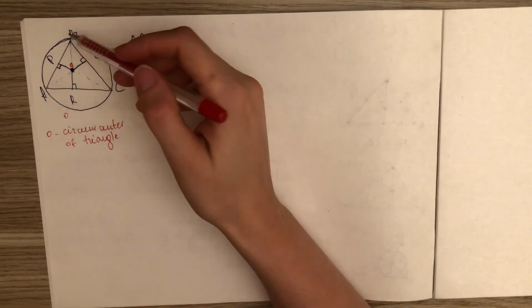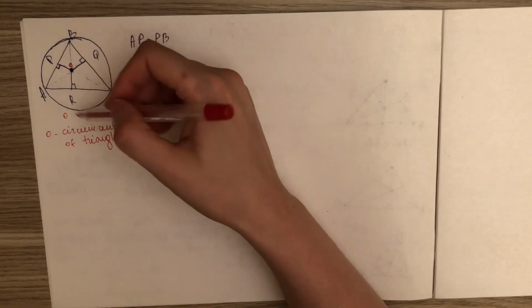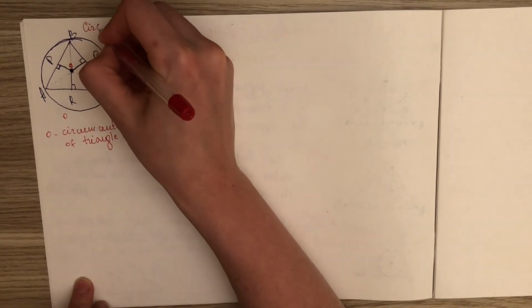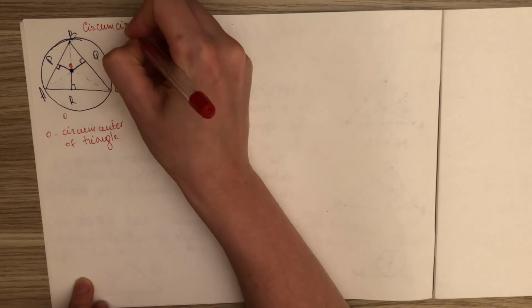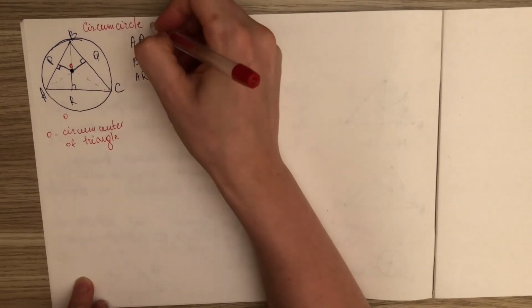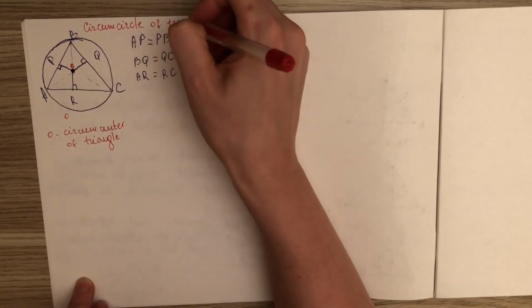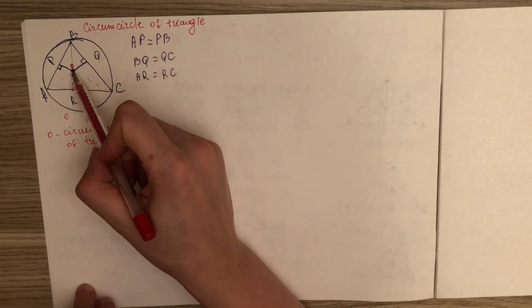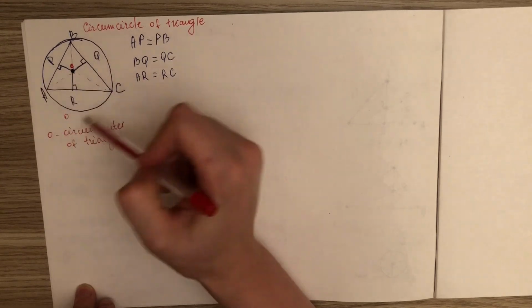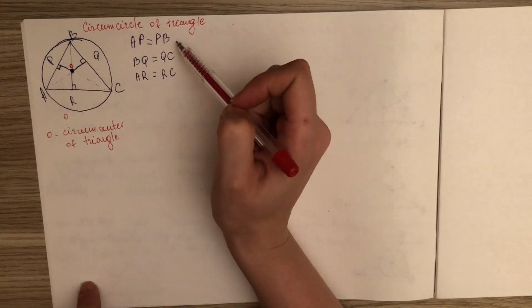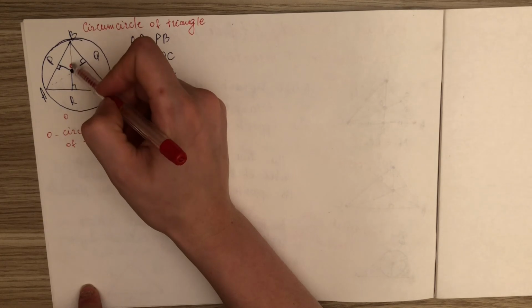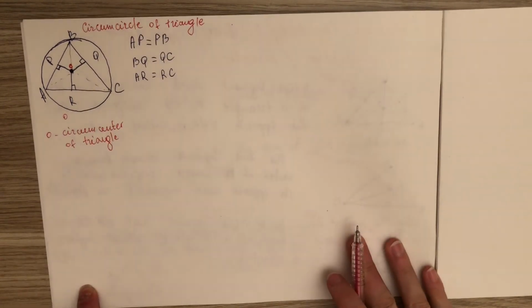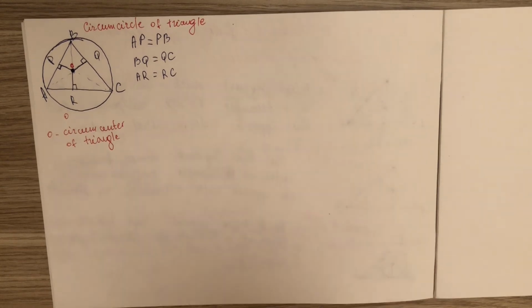And this exterior circle is called circumcircle of triangle. This is called circumcenter. This is called circle, and AO, OB, OC are the radius of this circumcircle.